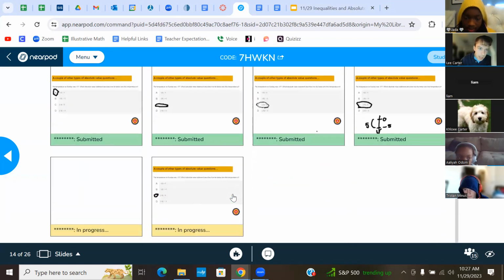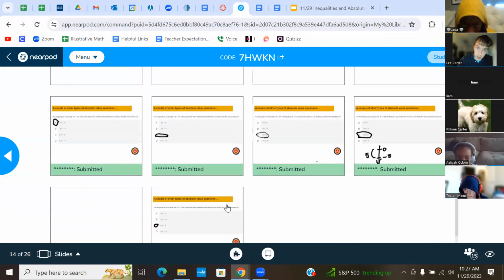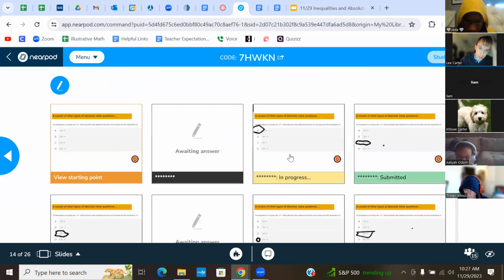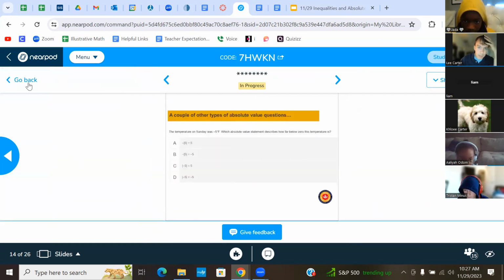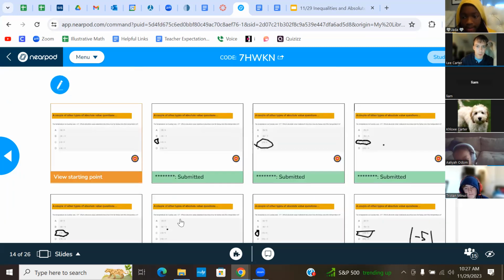I see some A's. A is not correct here. What we need on this one is C, because the absolute value of -5, 5 degrees below 0, is 5 degrees away from being at 0. So it's C. I'll change your answer to C if you had A before.